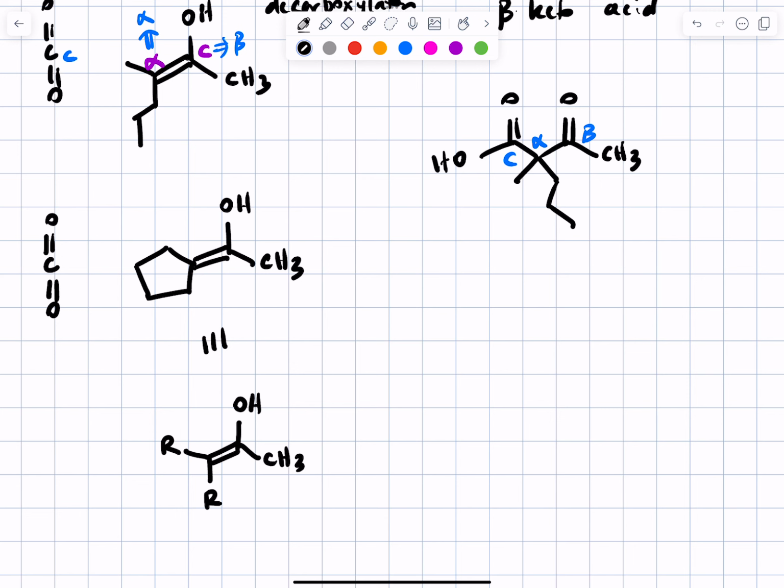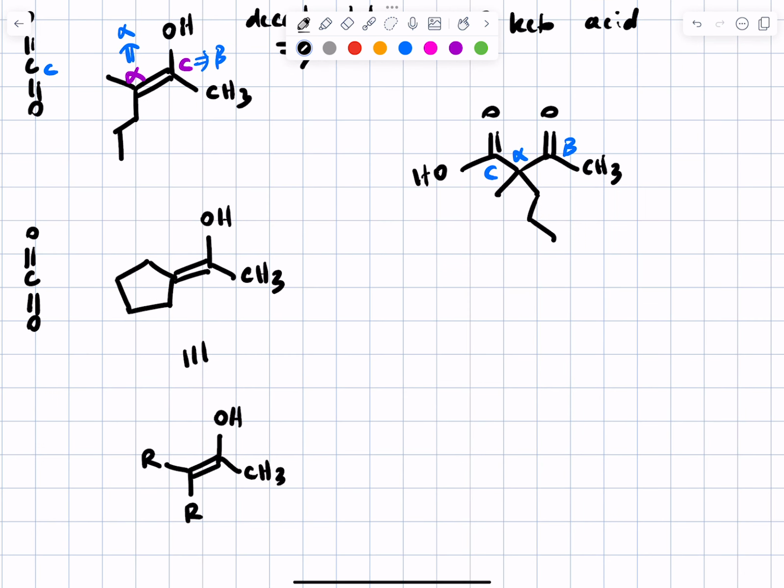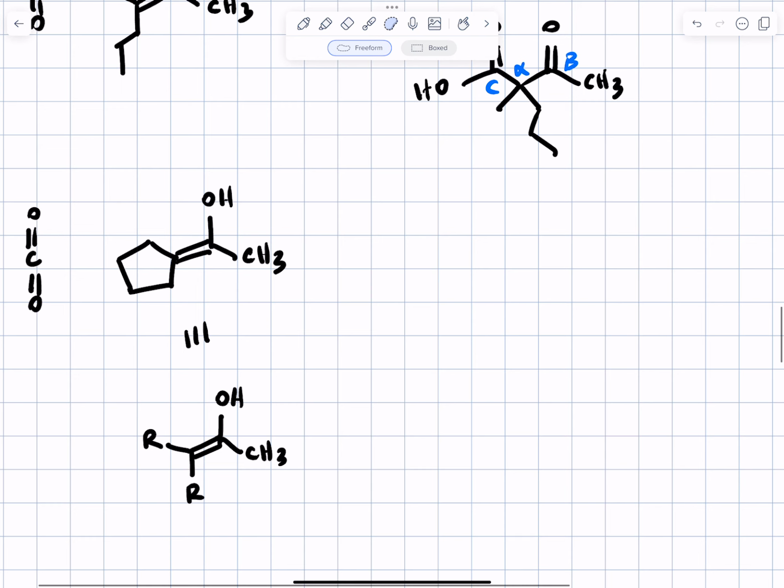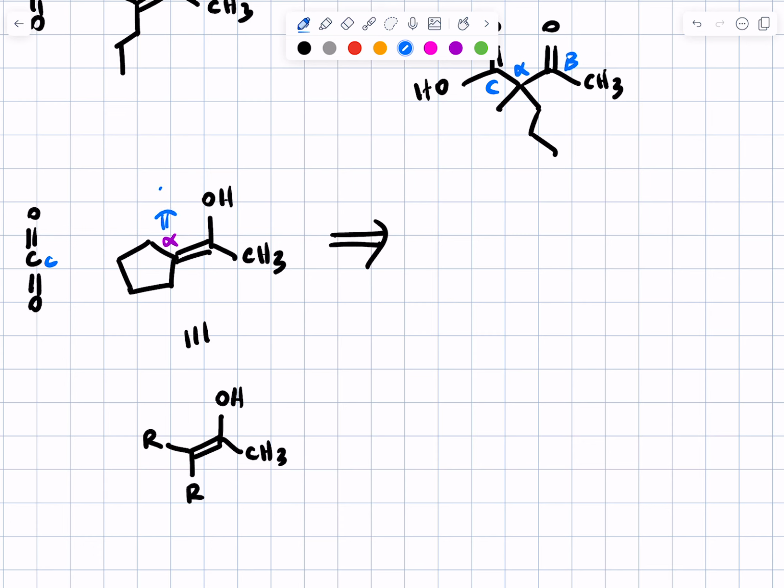All right, so do you see now that the precursor prior to decarboxylation, again, the alpha carbon used to be the carbonyl carbon of my beta keto acid. The carbonyl carbon of my enol used to be the beta carbon of my acid.